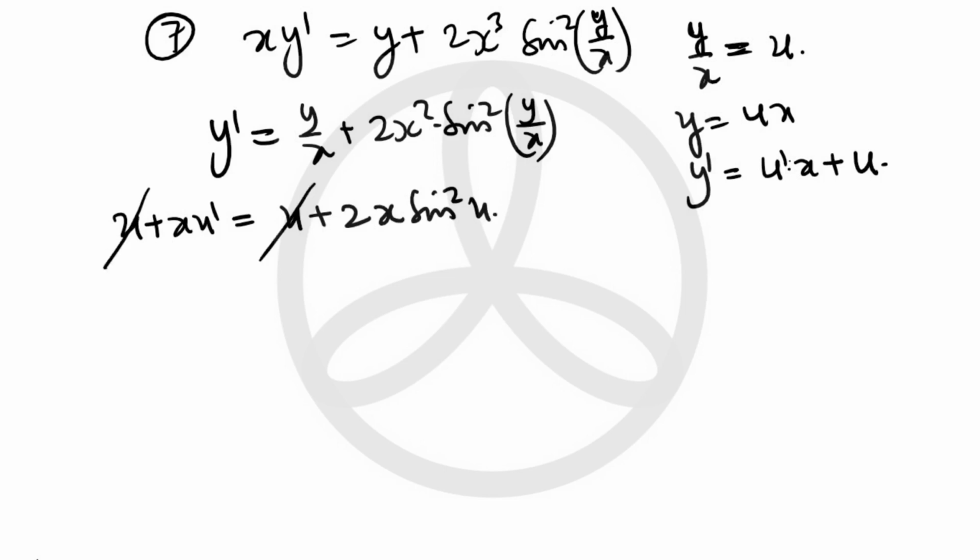This will go off, okay, and this 1 x will also get cancelled, and we will get u prime is equal to 2 sine square u, okay.